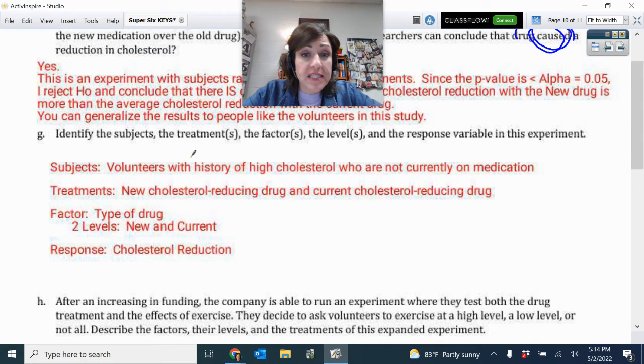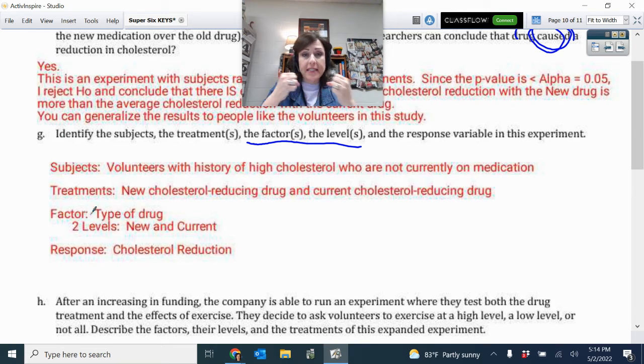Identifying those subjects, treatments, factors and levels, that seemed to be the thing that we were wondering about. Volunteers were with a history of high cholesterol who are not currently on medication. It stated that word for word in the prompt. The treatments were those two different cholesterol reducing drugs. The factors, okay, so factor means how many things get assigned to the subject.